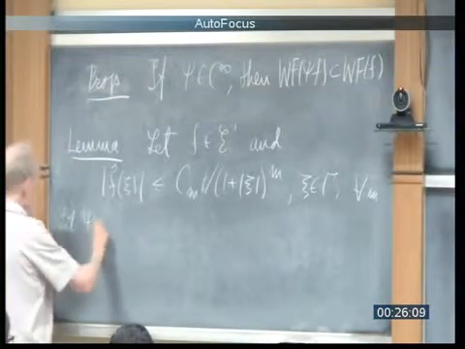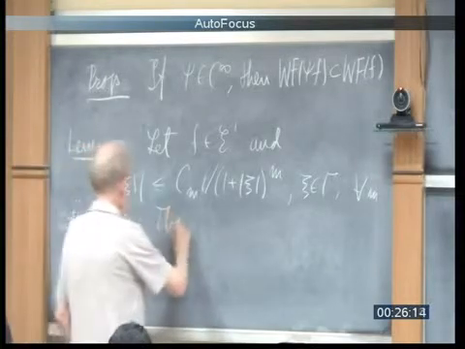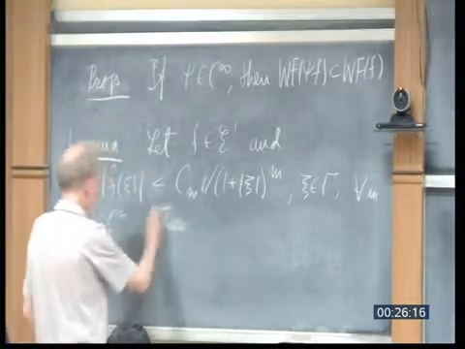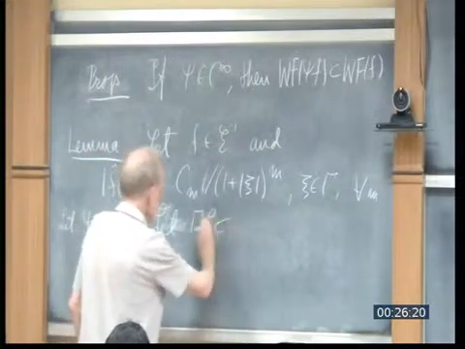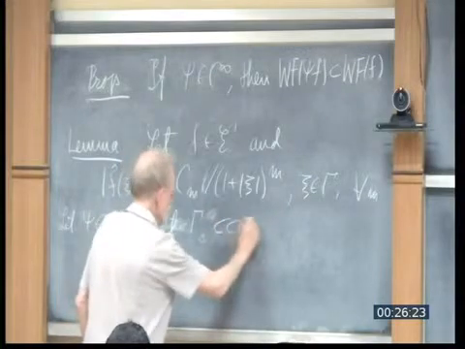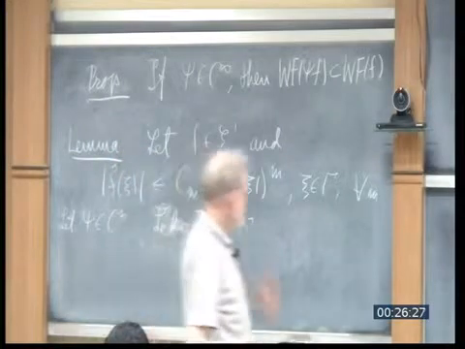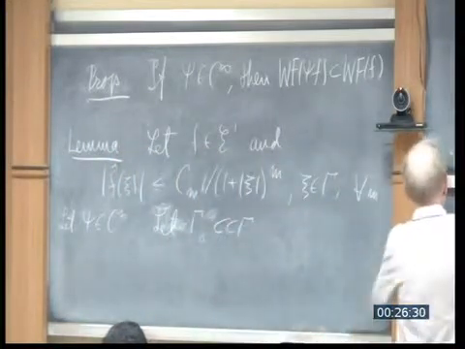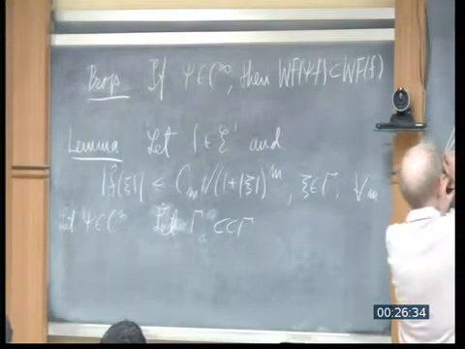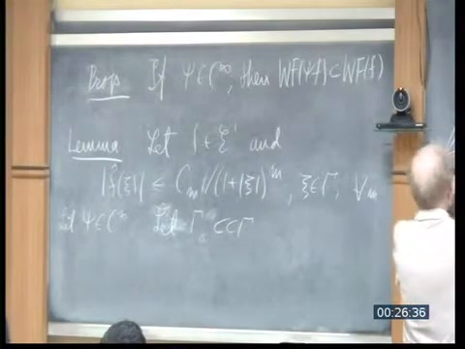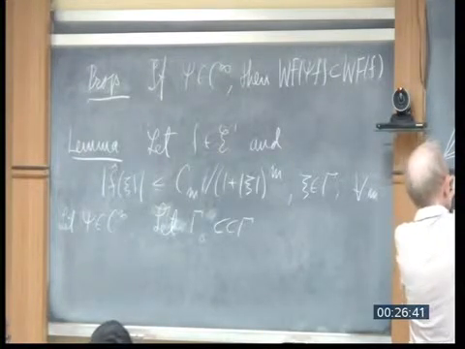Let c be in C infinity. And I like to use this notation. It's a smaller cone, so this is gamma, and this is gamma 0.